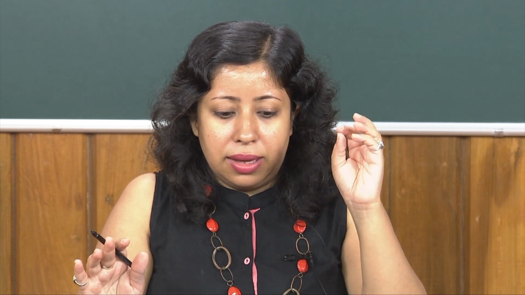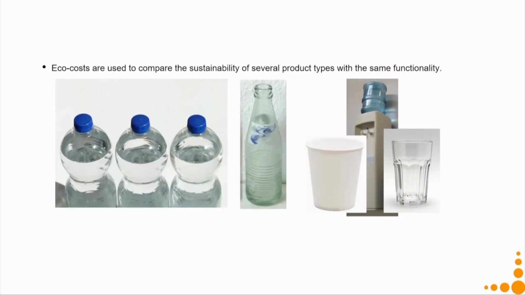There are no other metrics to compare apart from the eco cost, because eco cost tells me, okay, metric 1 versus metric 2, if we have to nullify the impact on the environment, how much money I have to spend. So that's the importance of the concept of eco cost. It helps me to compare the sustainability of several product types with the same functionality, even though when we are doing an LCA, we are getting our environmental burden result across many different metrics.